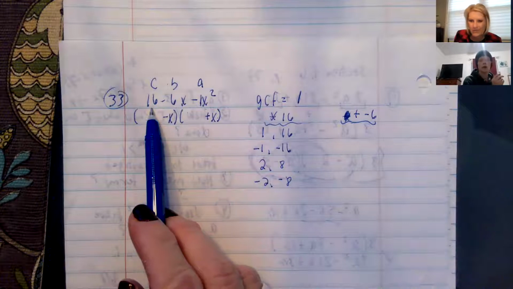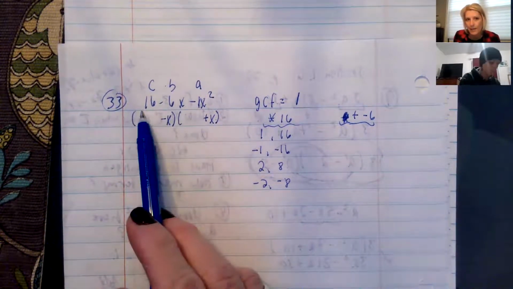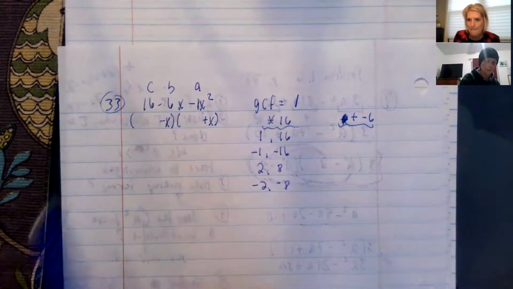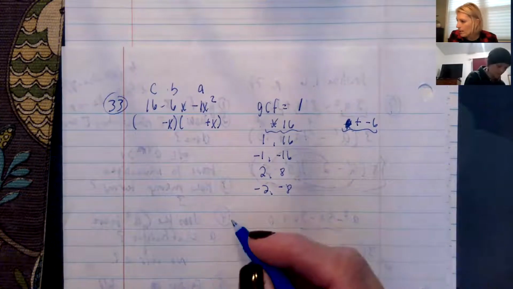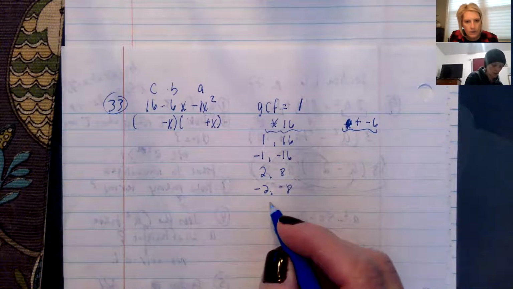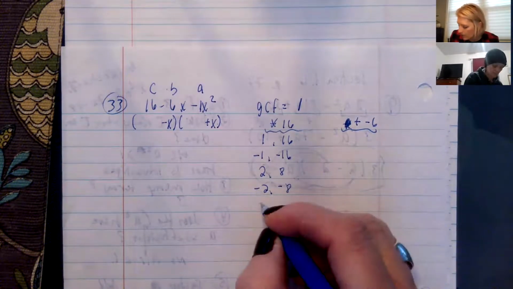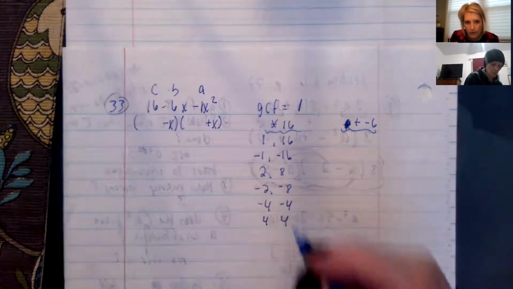If one was positive and one was negative, they would multiply to make a negative, so that won't work. So -2, -8, and then we have the 4. So we either have -4, or +4.